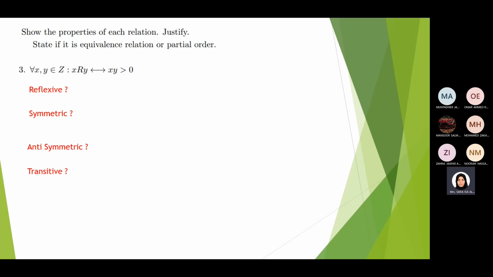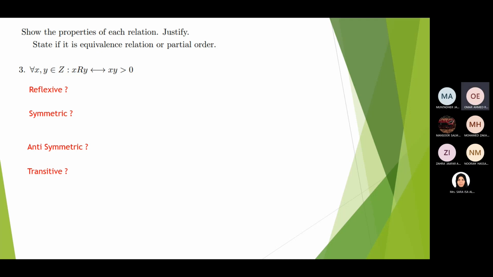What about this problem? X is related to Y if and only if X times Y is greater than 0, on Z. Do you think that this relation is reflexive or not?